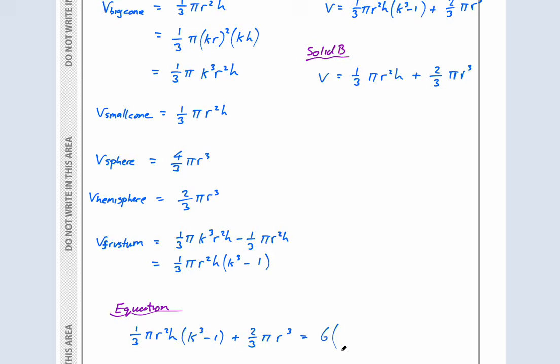So that's 6 times a third pi r squared h plus 2/3 pi r cubed.